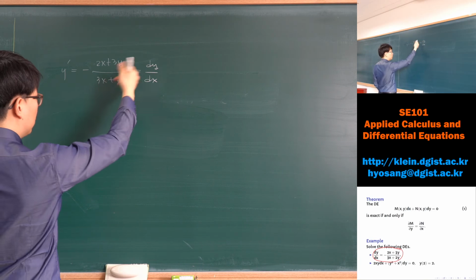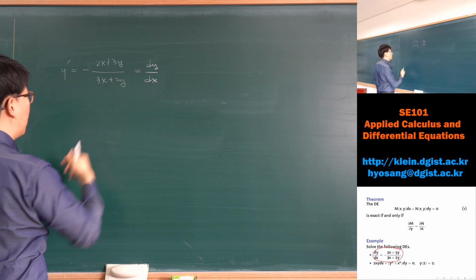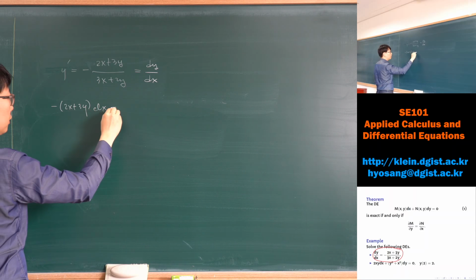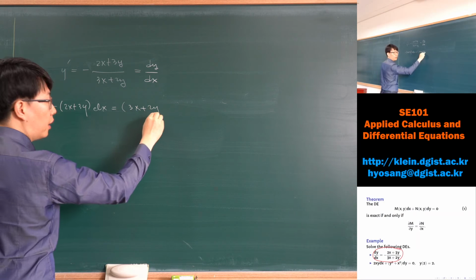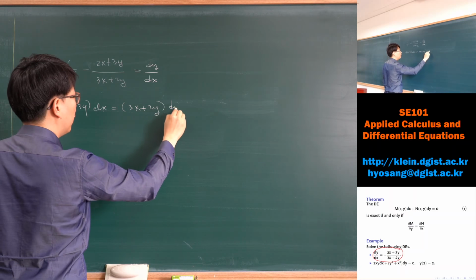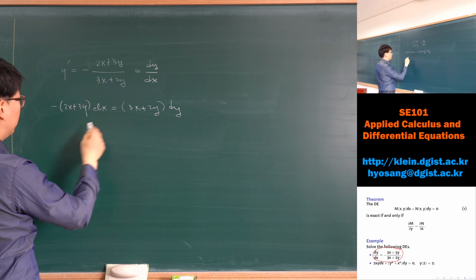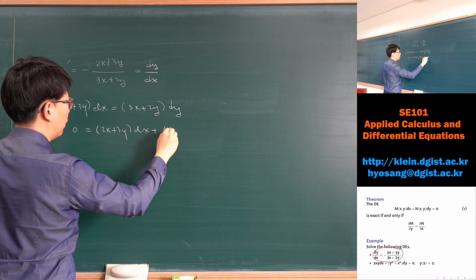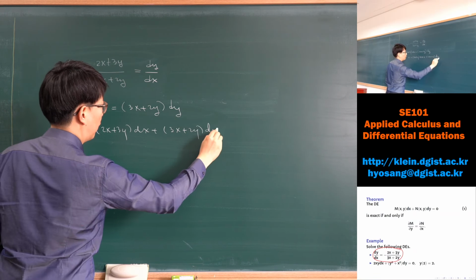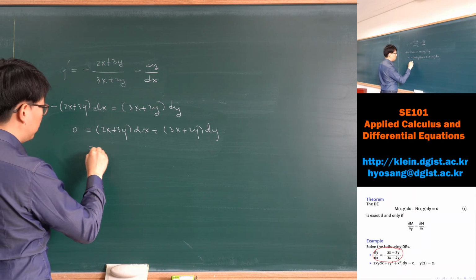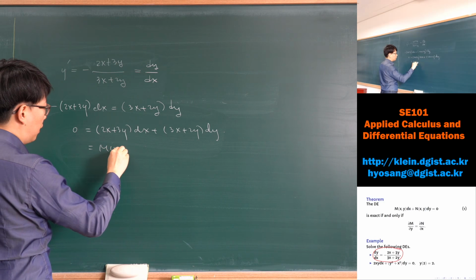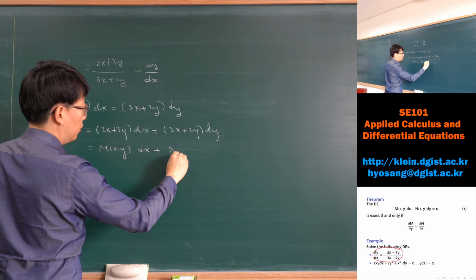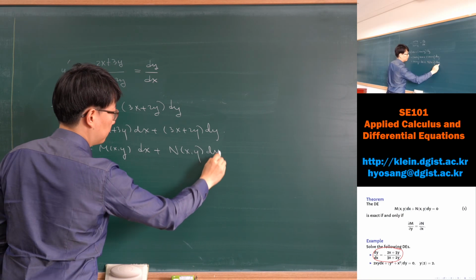I switch the denominator to the opposite side, so I get minus (2x plus 3y) dx equals (3x plus 2y) dy. Then I move this to the right-hand side, and I get 0 equals (2x plus 3y) dx plus (3x plus 2y) dy. Okay? So in this case, we have M(x,y) equals 2x plus 3y as the coefficient of dx, and this part is N(x,y).